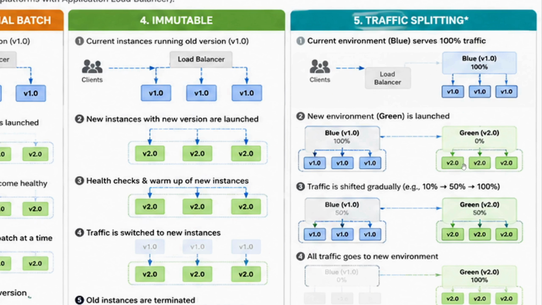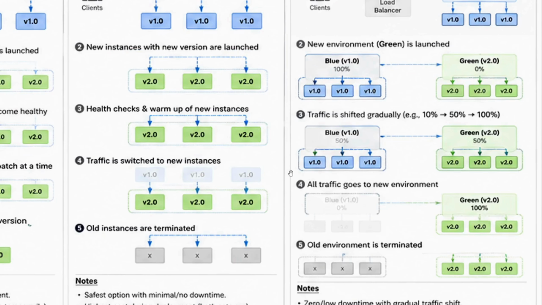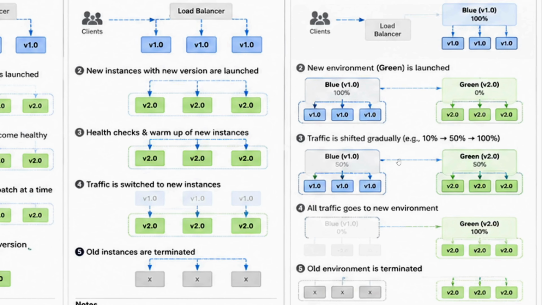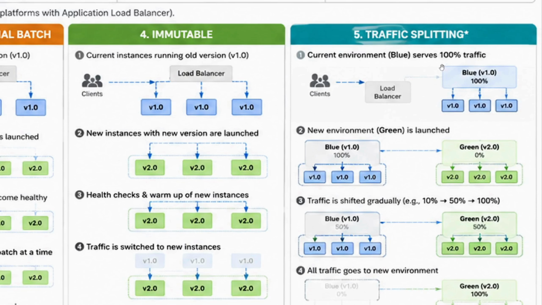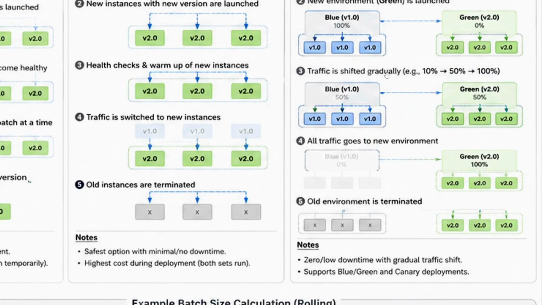The difference is that instead of doing the complete health check and then terminating all instances, here it is going to split the traffic between blue and green. There is gradual traffic shifting from 10% to 20%, 30%. This keeps reducing and this keeps increasing, and slowly it becomes 0 here and 100 here. That's your traffic splitting using the blue green environment.